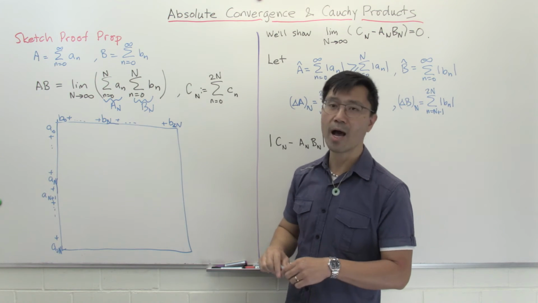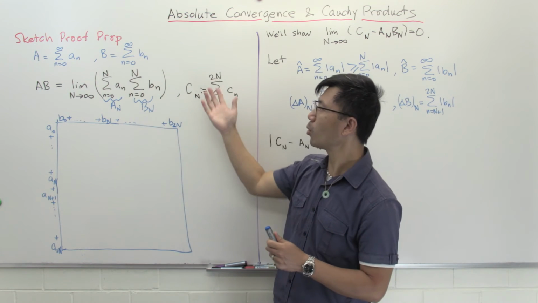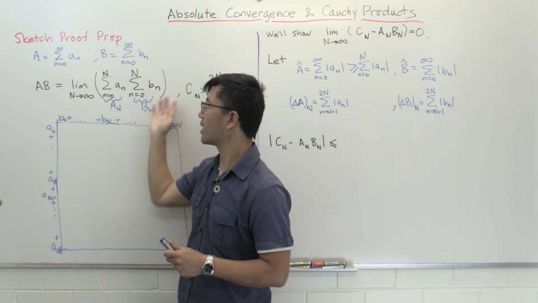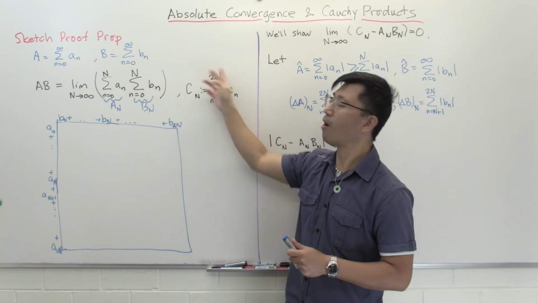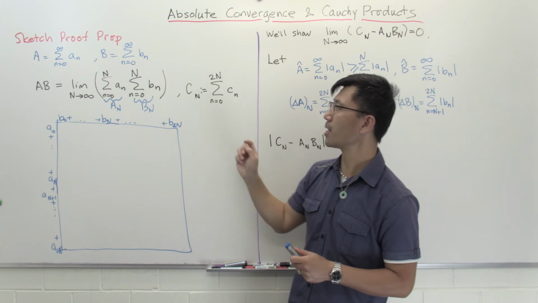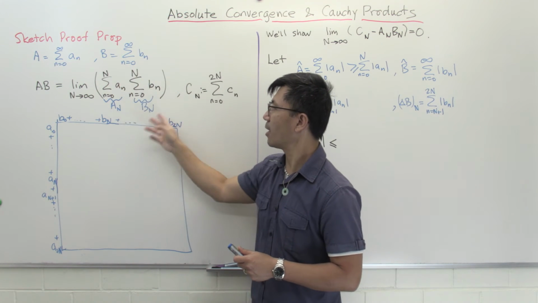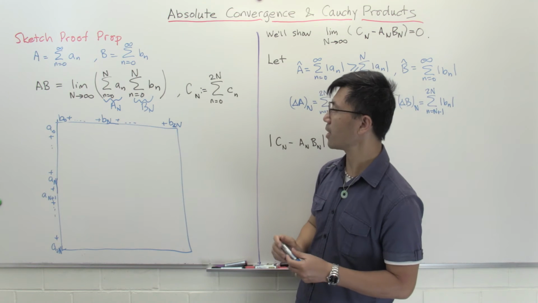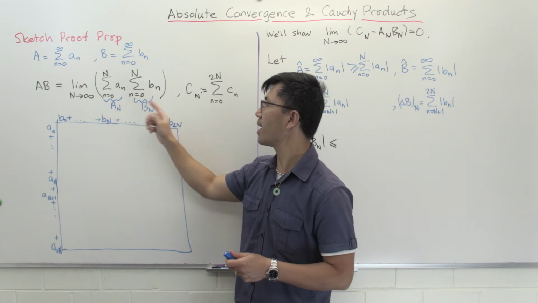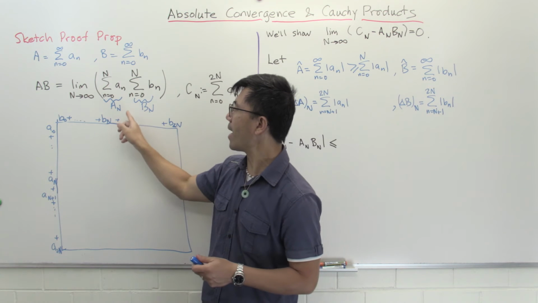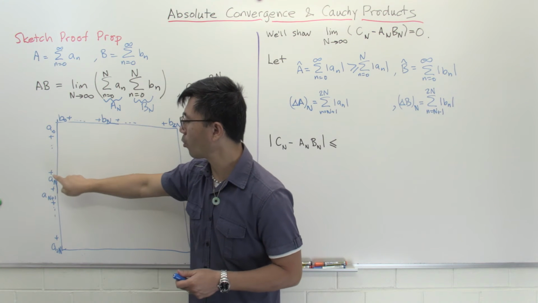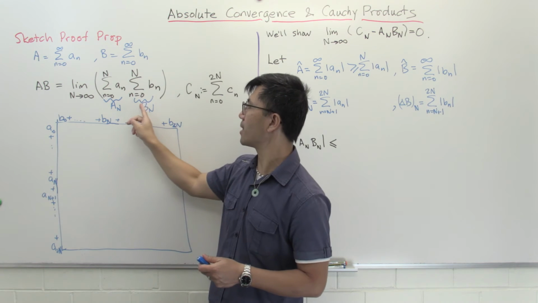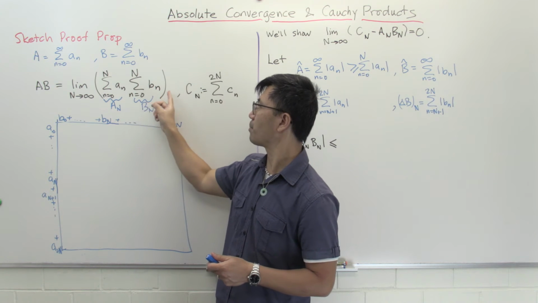Okay, so how do you visualize what's going on here? You want to say basically that what you see here is going to be the limit of these partial sums. Okay, so let's compare this A_N times B_N with this C_N. How do you visualize A_N times B_N? Well, A_N is going to be a0 plus a1 all the way down to this aN here, and b0 plus b1 all the way up to bN.